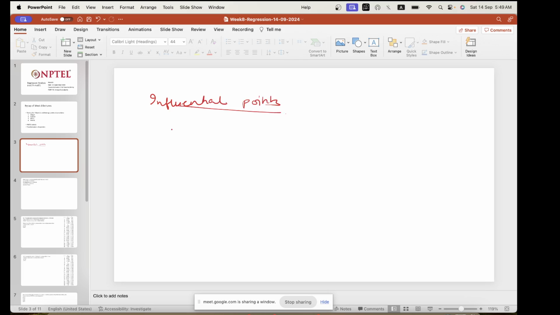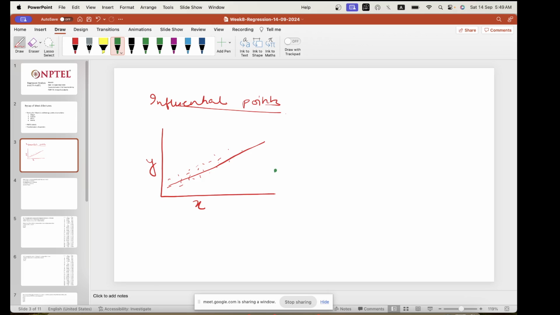So those are points which are, if this is my x and this is my y and this is my scatter plot, let's say, then if this is the expected fit, where the relationship between x and y is this, and we have something like this in the data set, where it has unusual x and unusual y, and it distorts the regression line.